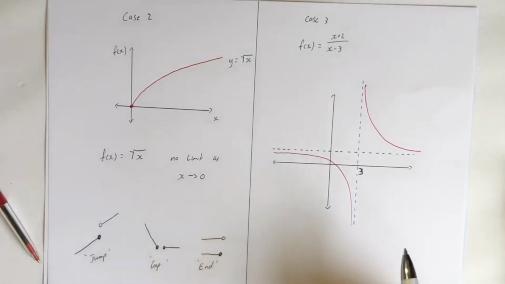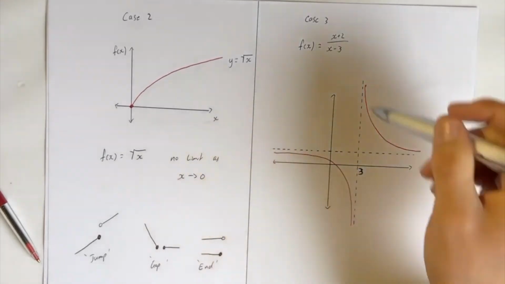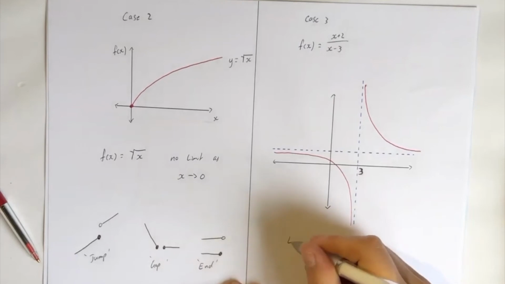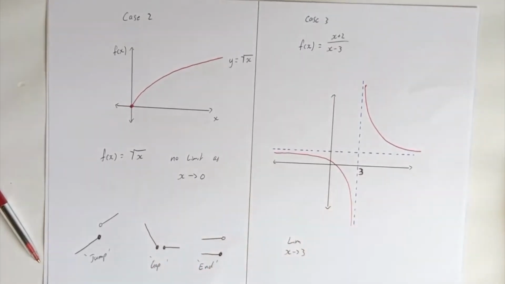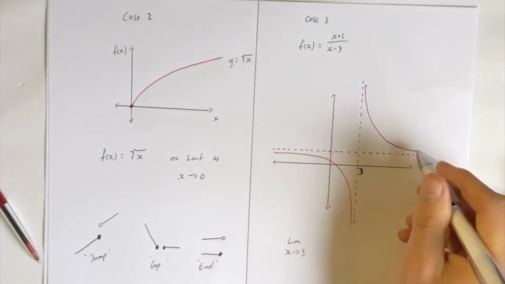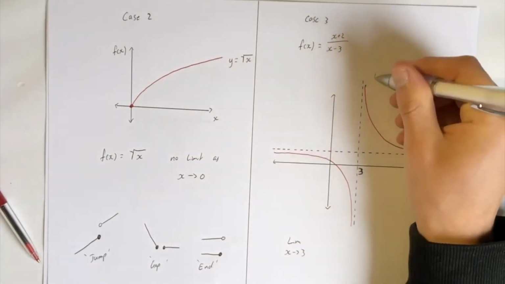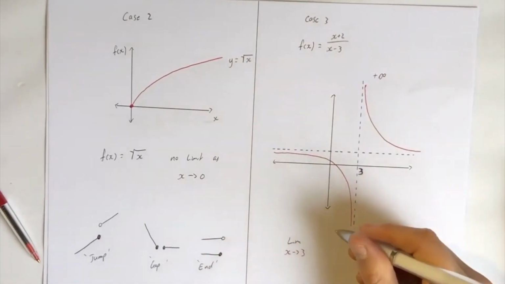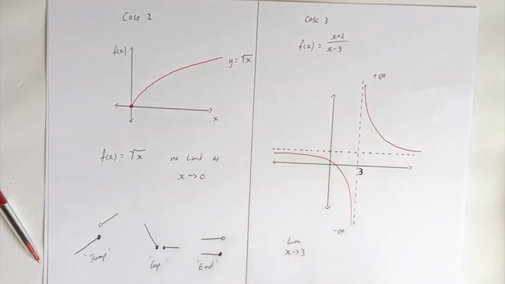And our third case is this case here. It's a hyperbola. What was the limit as x goes to 3? Well, as x goes to 3 from the right, we go to positive infinity. And as we go to 3 from the left, we go to negative infinity.